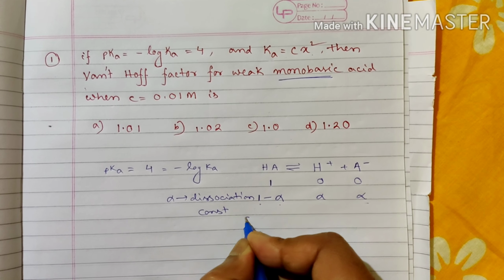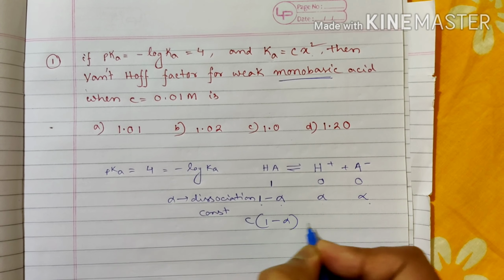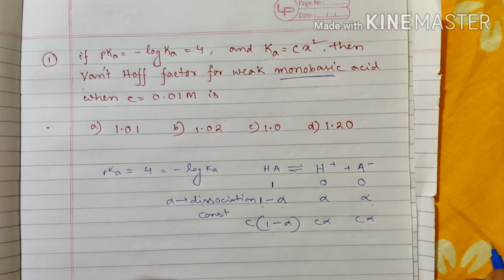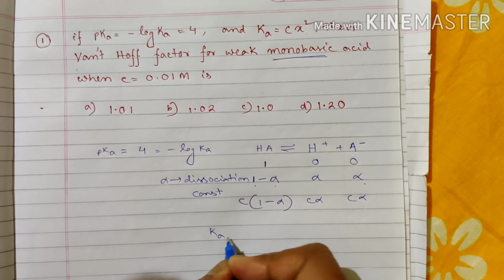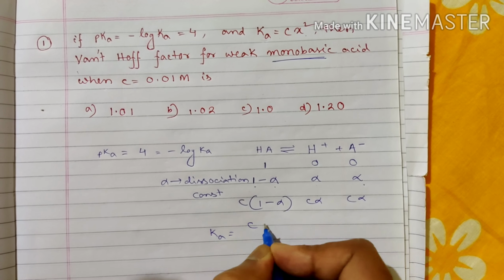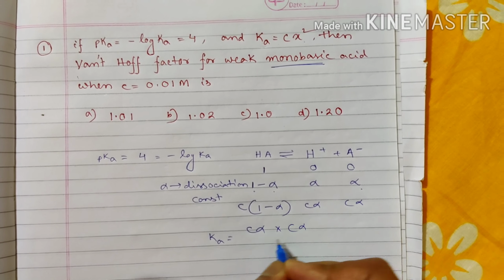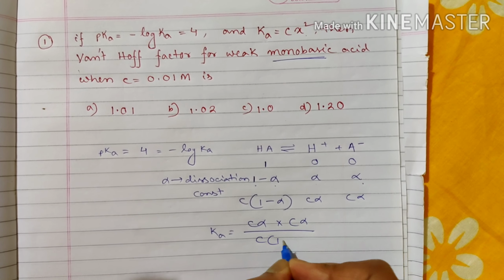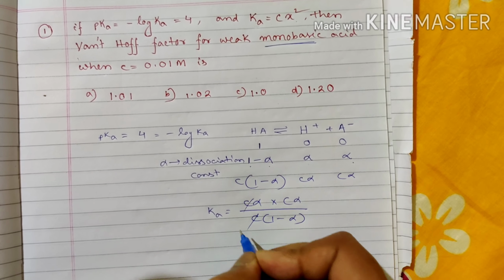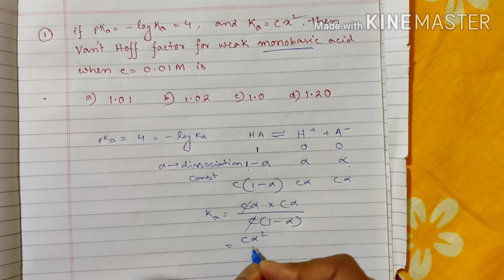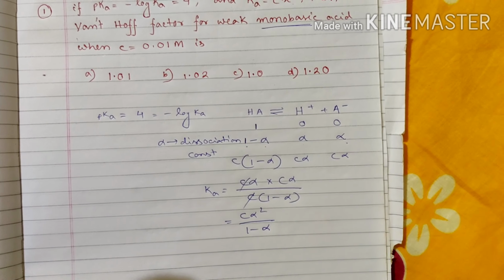If it is multiplied by any concentration, then it becomes like this. So we know the dissociation constant of weak acids, Ka, should be C alpha into C alpha divided by C into 1 minus alpha. Here C and C will cancel out. It forms C alpha squared divided by 1 minus alpha.